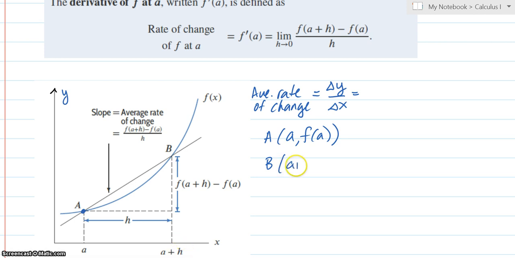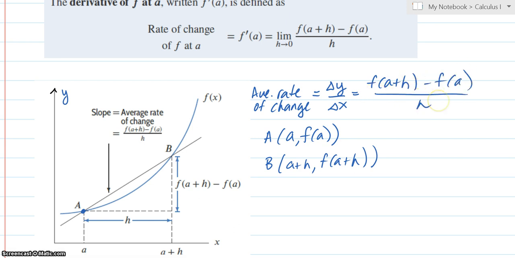So this would be A plus h, and that f value is just f of whatever that x is, A plus h. Now if I look at the difference between these two, that's where they get f of A plus h minus f of A all over h. And by the way, that is the slope of that secant, they'll call it, line.